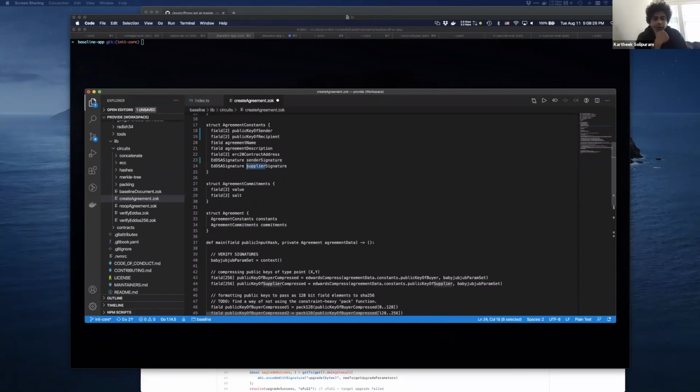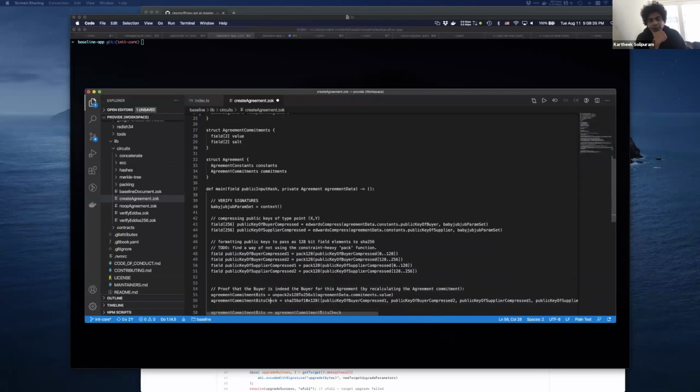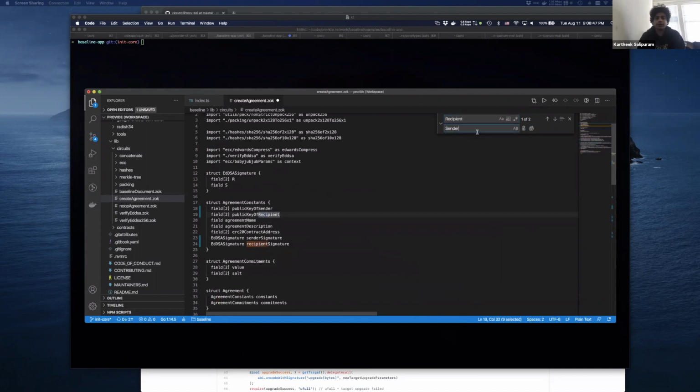Okay, so it's actually a very good question in general as to how we would solve a multi-party signature in the context of a zero-knowledge proof. I think one way to do it would be at the circuit level, where we add multiple party signatures as part of the inputs to the document.